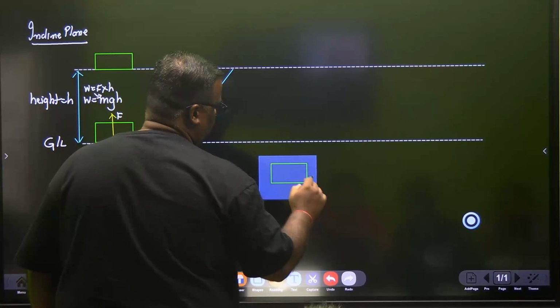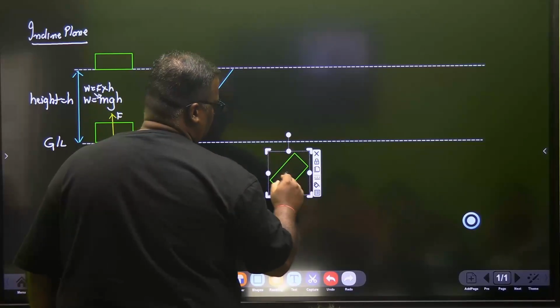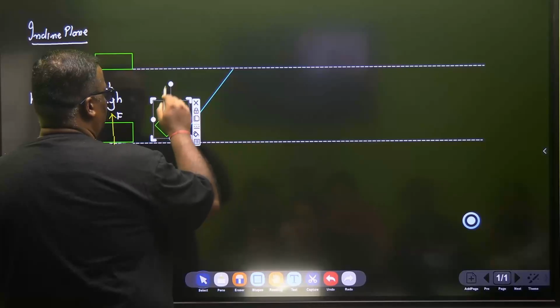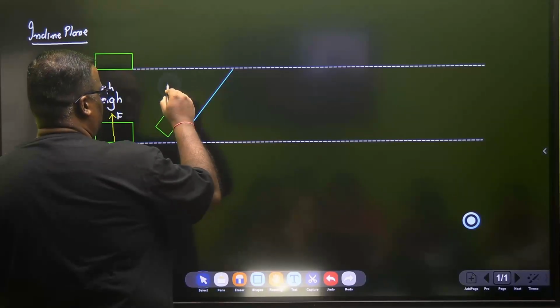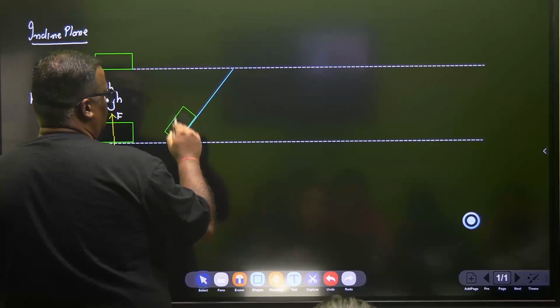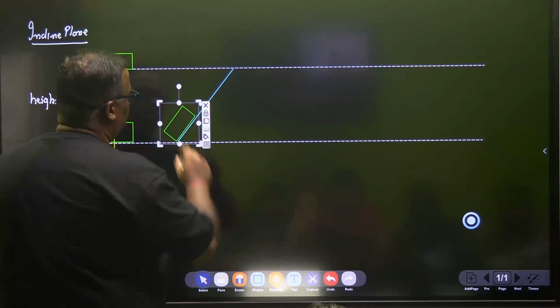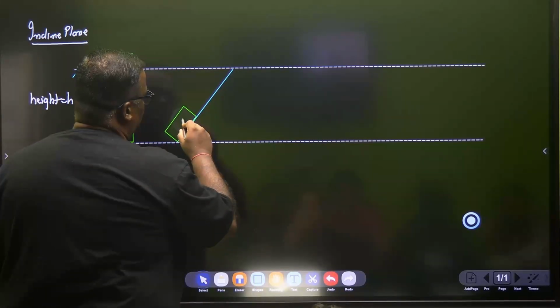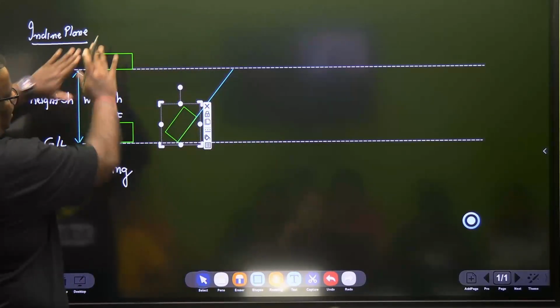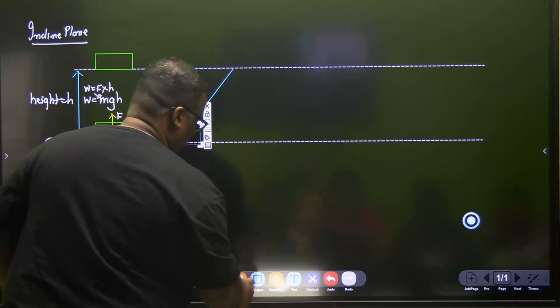We place our object on the inclined plane like this, all right? And the object has to climb. Ultimately, you are putting it up at that height, but you are now using this particular route, right?